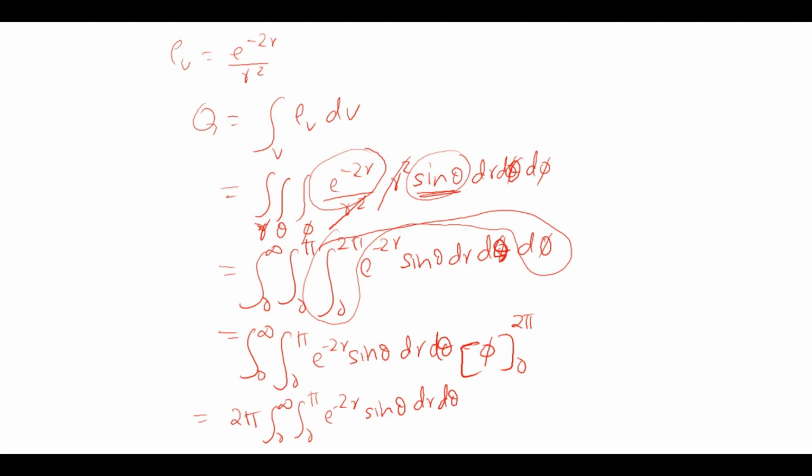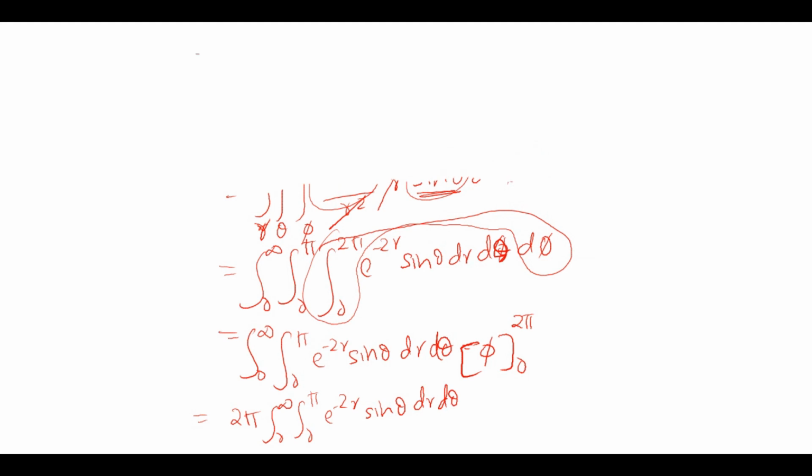Now again if I consider integrating, here I can consider theta as the parameter. Now 2 pi is taken outside, Q is equal to 2 pi, so 0 to infinity e raised to minus 2r. So the integral of sin theta is minus cos theta with the limits 0 to pi. Then the leftover is dr. So what is minus cos theta from 0 to pi?